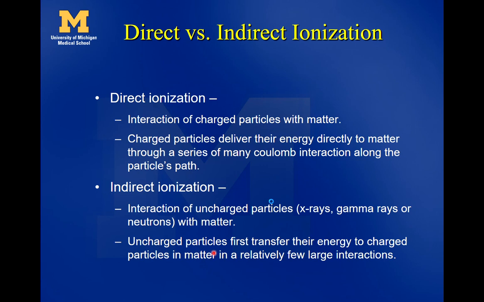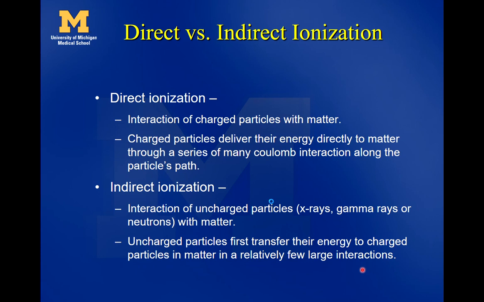So these uncharged particles first have to transfer their energy to a charged particle in matter in a relatively few large interactions. The difference being, an electron or a proton or something that's charged will interact with the patient and immediately start interacting. It'll produce ion pairs during its entire path length through the patient and eventually stop, producing all kinds of dose.